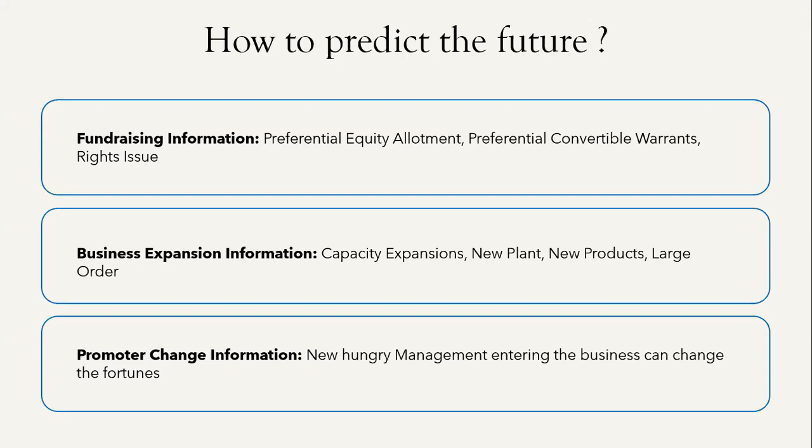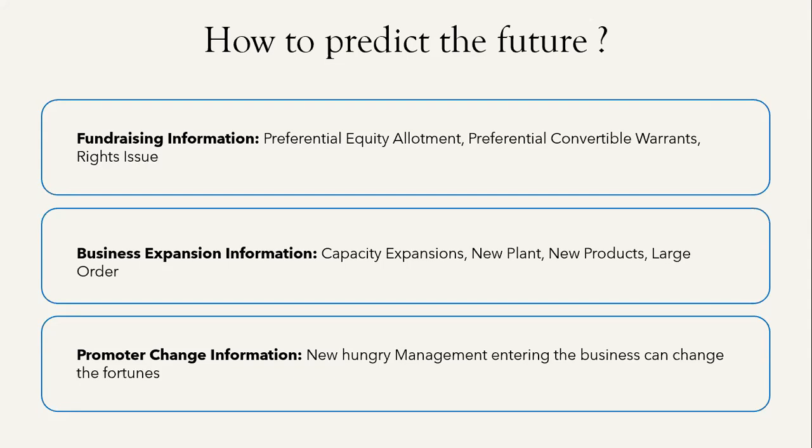What is rights issue? Rights issue, if you notice, does not have the word preferential in it, which means that no preference is being given to anyone. In rights issue, all shareholders get together and raise funds for the company.